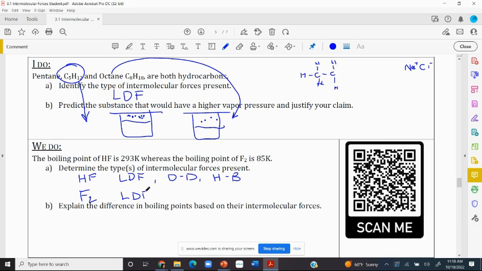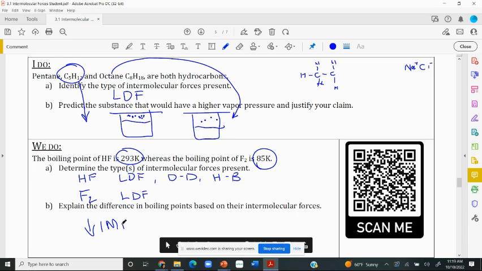LDF. Okay, now this has a lower boiling point than this guy. Why? Lower IMFs equal a lower boiling point. Okay. Good.